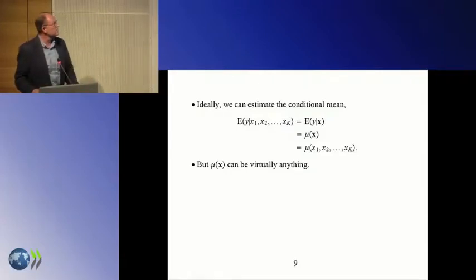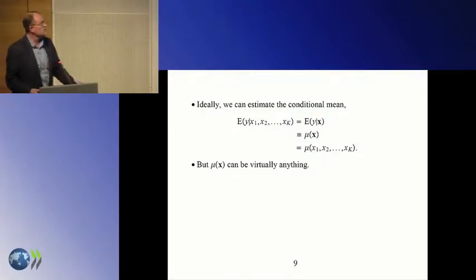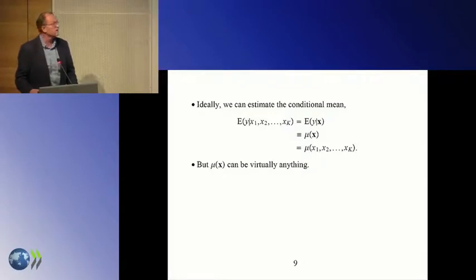So maybe one of the elements of x, x1, is a special element, maybe it's the key policy variable, and we've convinced ourselves that controlling for x2 up to xk essentially makes the policy intervention as good as random. Therefore, what would we be interested in estimating? Well, ideally, we would be interested in estimating the conditional mean, because once we estimate the conditional mean, we can estimate a treatment effect either averaged across the entire population, or we could estimate treatment effects over subpopulations.